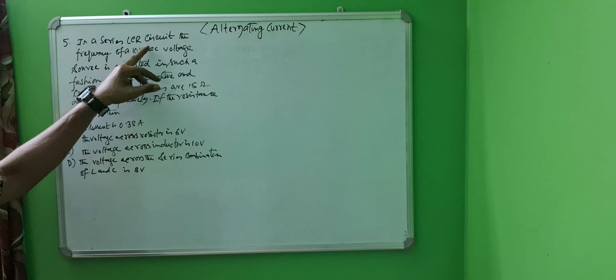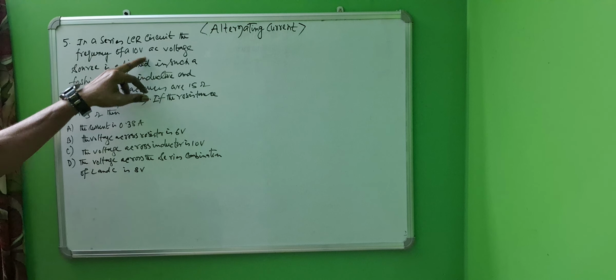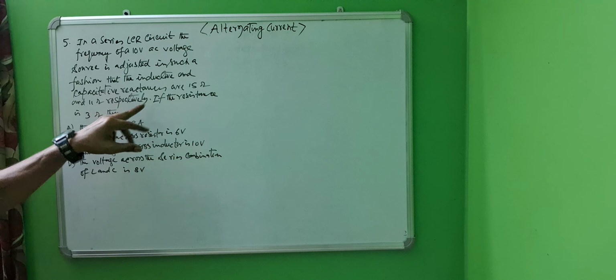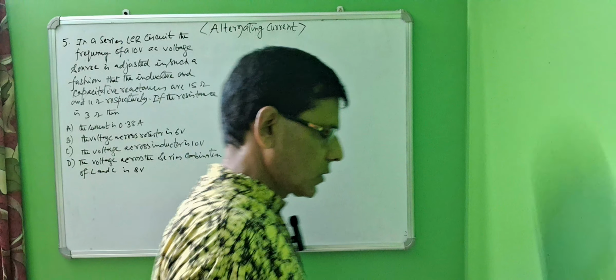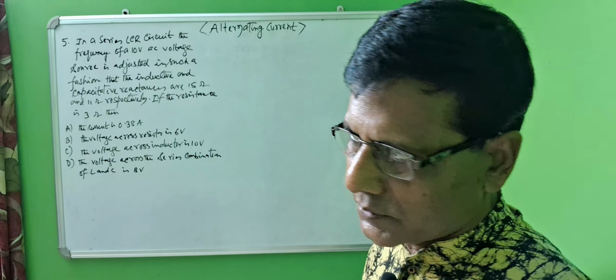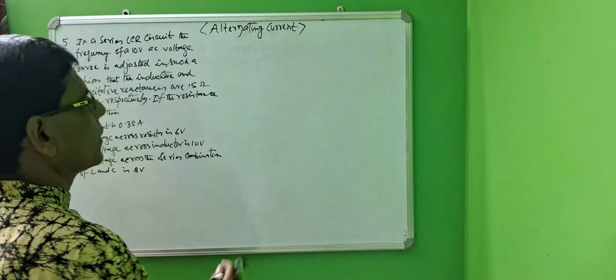In a series LCR circuit, the frequency of a 10 volt AC voltage source is adjusted in such a fashion that the inductive and capacitive reactances are 15 ohm and 11 ohm respectively. If the resistance is 3 ohm, then four answers are given here. This question is of an LCR circuit. So first we have to find the impedance.